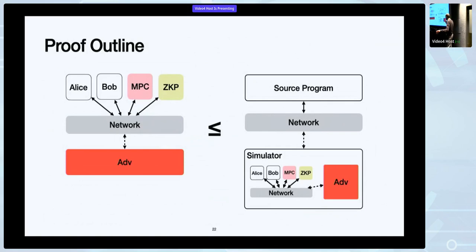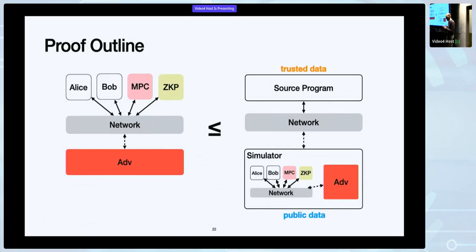The way we do it is, we have to come up with a simulator that uses the adversary. And our proof technique is that the simulator maintains the entire system on the left in its head. And it's basically trying to trick the adversary into thinking that it's interacting with the distributed program when it's really interacting with the source program.